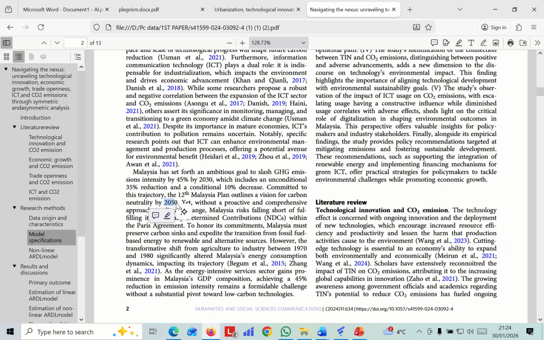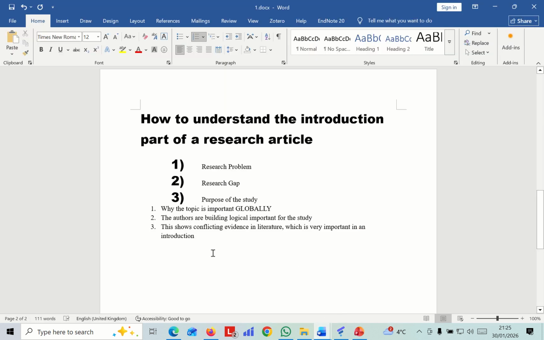They also discuss industrial expansion, energy intensity, the services sector, and reliance on fossil fuel consumption. Achieving these targets is very challenging. Now the key point of this area: this justifies why Malaysia is chosen as a case study.